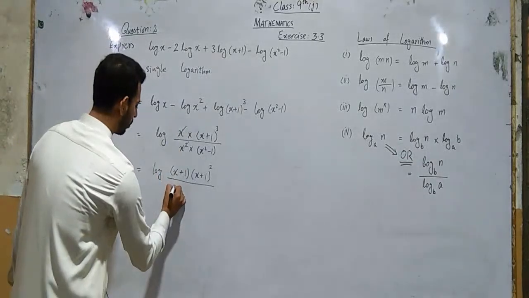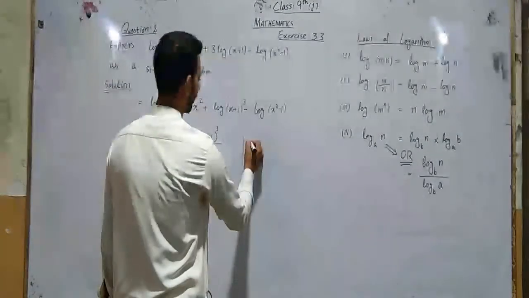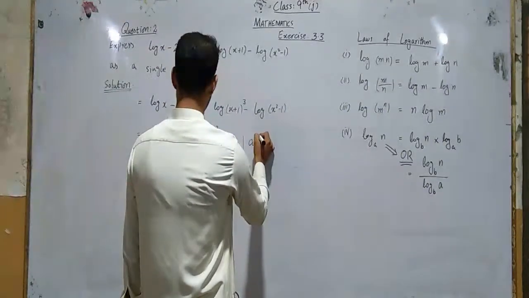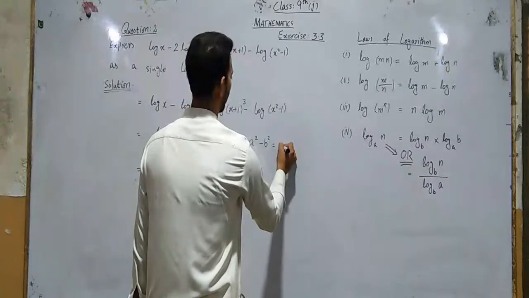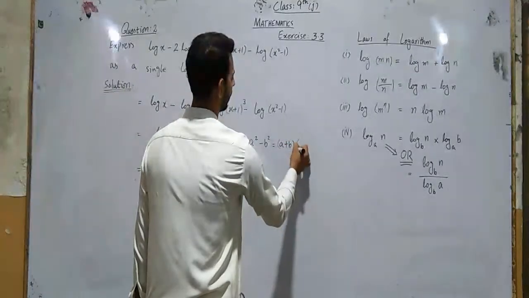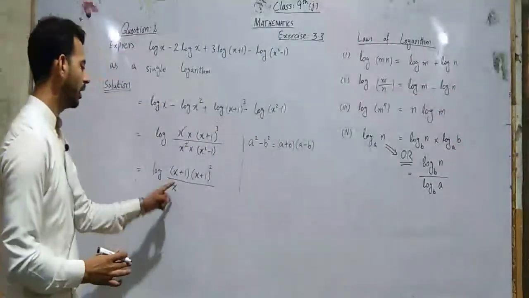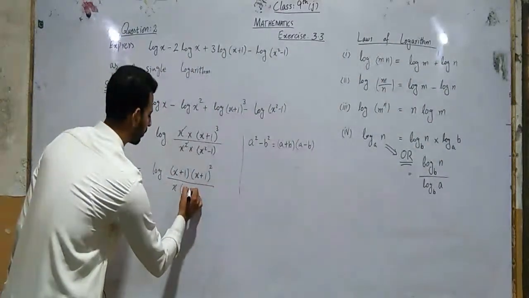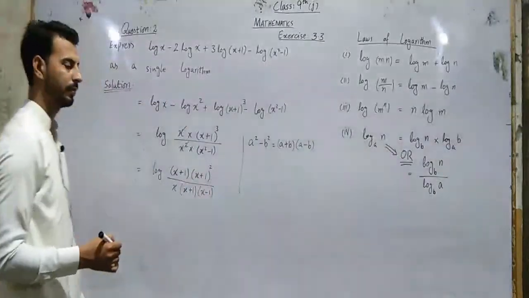Here only one x is remaining, and this one is the formula a squared minus b squared equals a plus b into a minus b. So we will use this formula and write it here, x plus 1 into x minus 1.